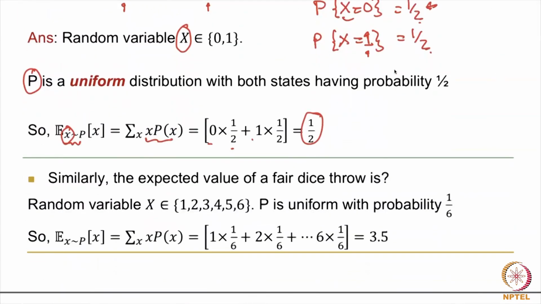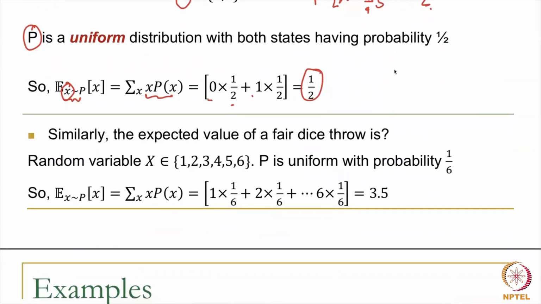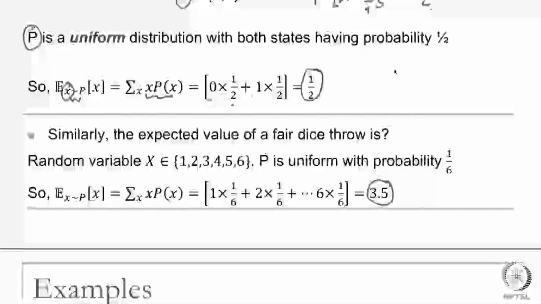Now, similarly, you can ask another question. If you have a fair dice, what is the expected value of a fair dice throw? Again, you will never get this value exactly. But if I were to earn 1 rupee for throwing 1, 2 rupees for throwing 2, etc., this is the expected value of earning with 1 throw. Okay. So that's the mean earning per throw. If you average over a large number of throws, that's one way of thinking about it. P is again a uniform distribution.